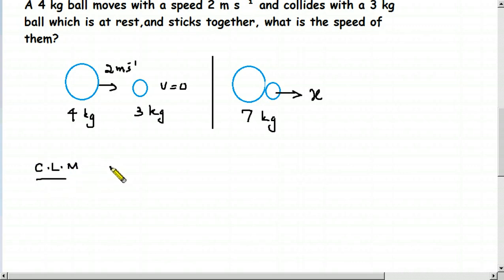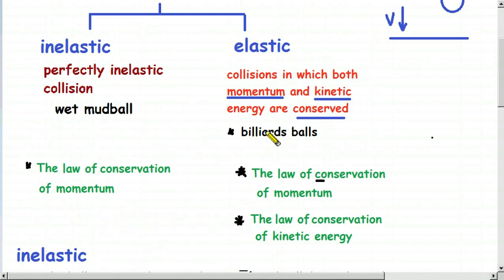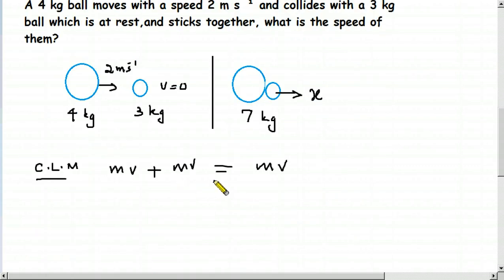That means we take the mv terms for each object. The mv term of this one plus the mv term of this one equals the mv term of this compound. What is the meaning of conservation? Equals, in simple words. So what is m? 4 times velocity 2, plus here m is 3 but the velocity is 0, so that is 0.